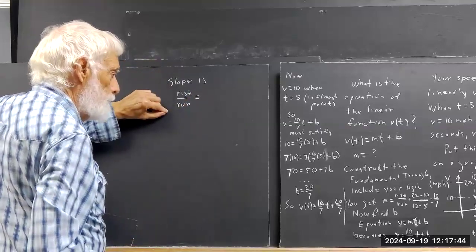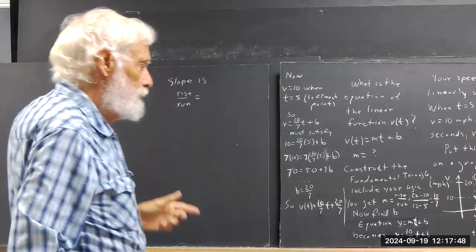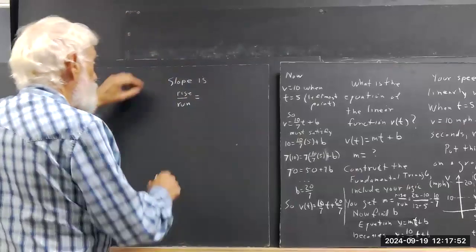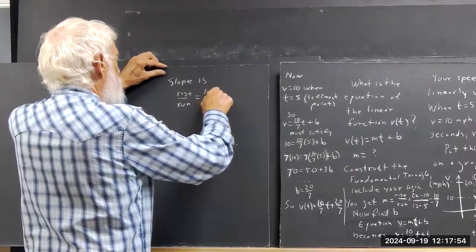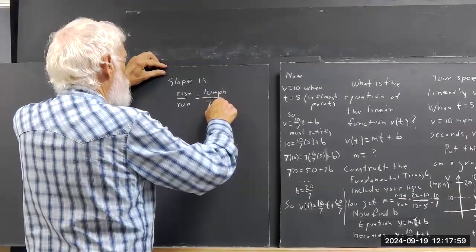It's rise over run, but the rise is actually not 12, not 10 over 7. It's 10 miles per hour over 7 seconds.